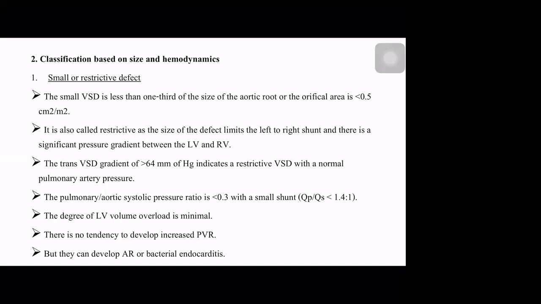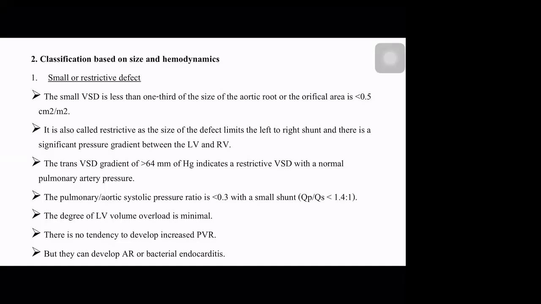As the total blood flow from the left to the right side is limited, the pulmonary artery pressure never rises above the baseline value. So there will always be normal PA pressure. The pulmonary to aortic systolic pressure ratio will definitely be less because of lesser blood flow to the pulmonary circulation, and the value is commonly less than 0.3 with a very small shunt.